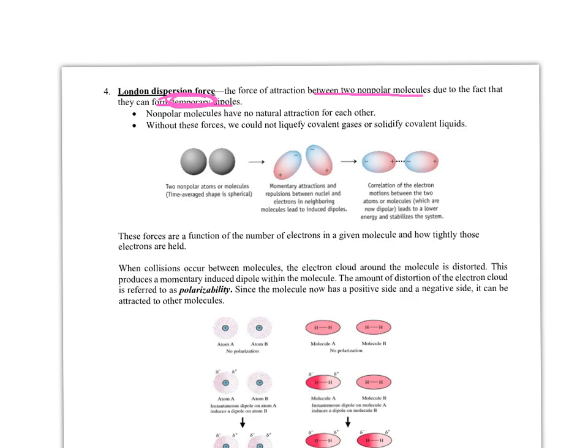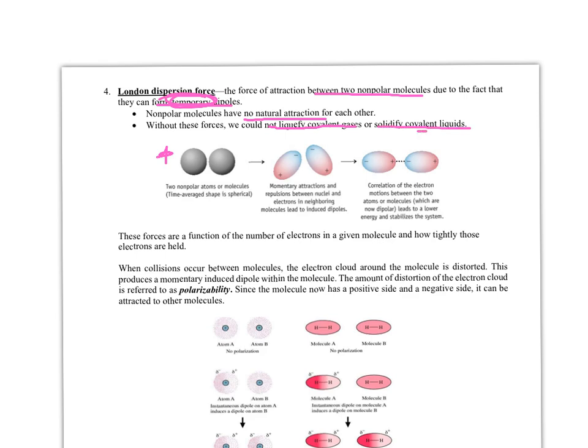Typically, nonpolar molecules would have no attraction to each other at all. So they're not going to like each other. It would be more similar to what you see in this little gray picture, where two nonpolar atoms are just going to hang around and they normally would not care. Without these forces, though, we wouldn't have any liquids, gases, or solids.